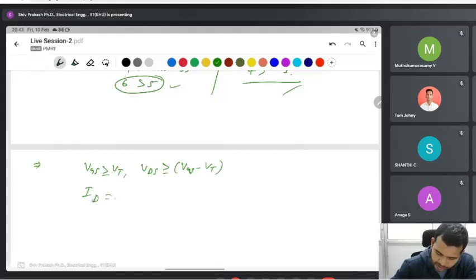The ID current is half times mobility of electron times Cox, width of channel over length of channel, times (VGS minus VT) squared.